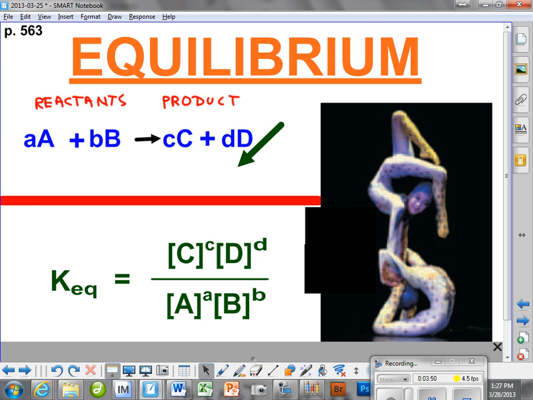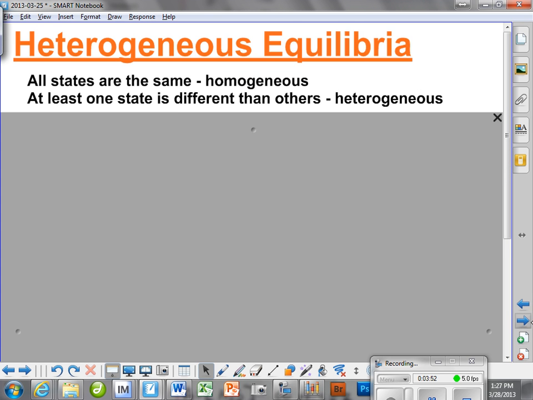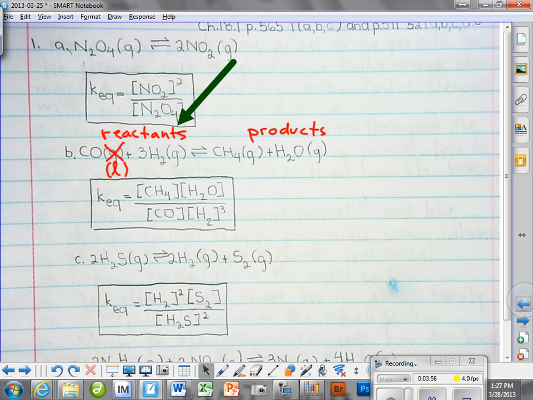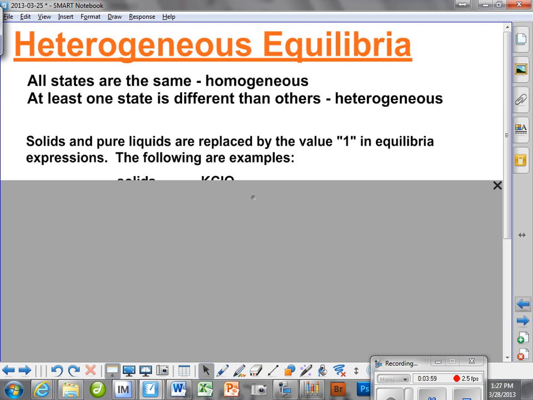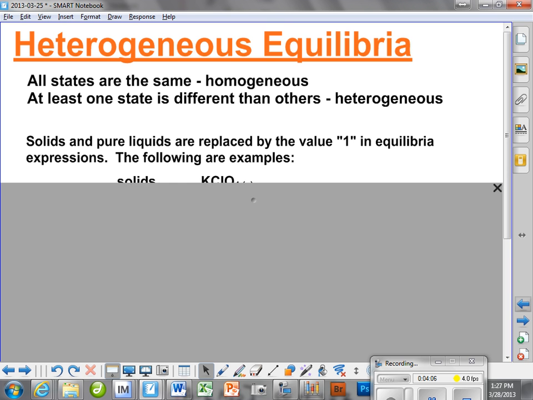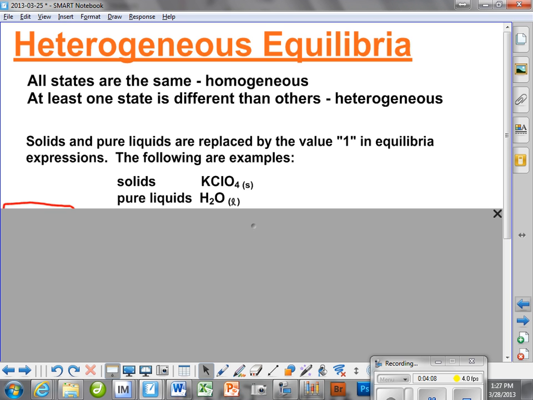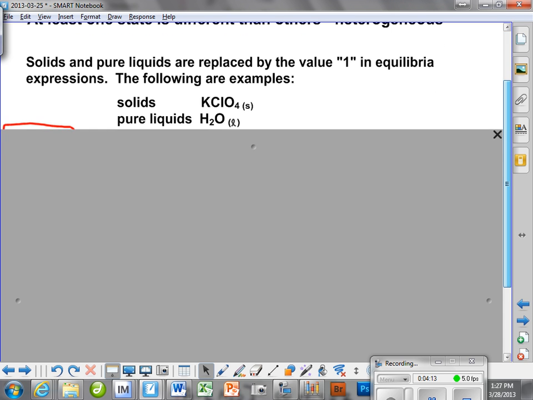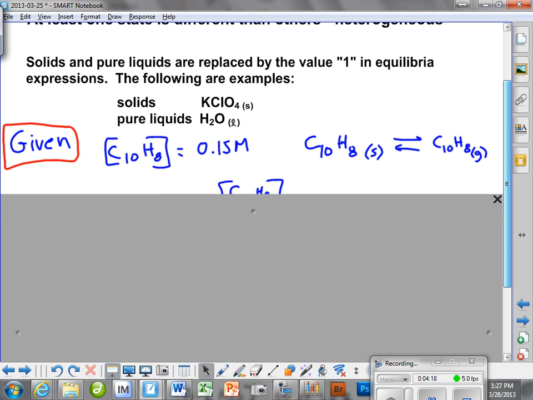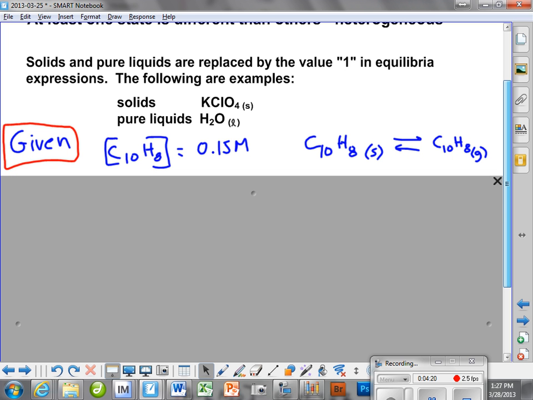Let's go on back now and continue what we were doing. Okay, we saw this. Solids and pure liquids are replaced by the value 1 in the equilibrium expressions, and these are examples of that. I'm going to give you good examples of how this applies, because it always helps to have a solid example of how things are actually going to be given to you.